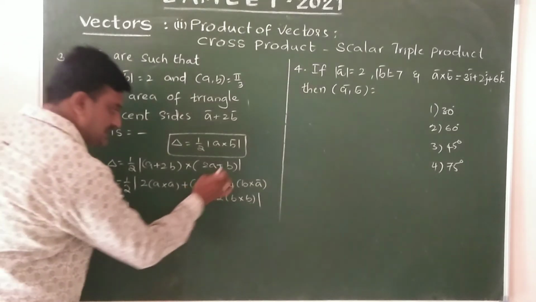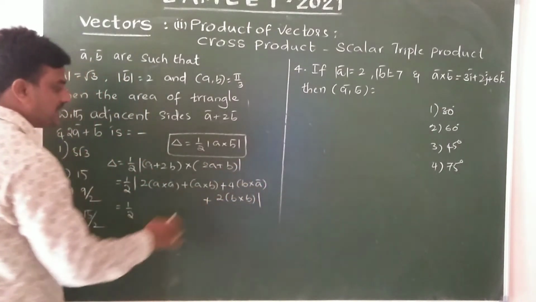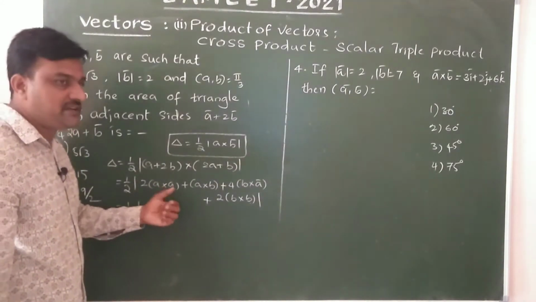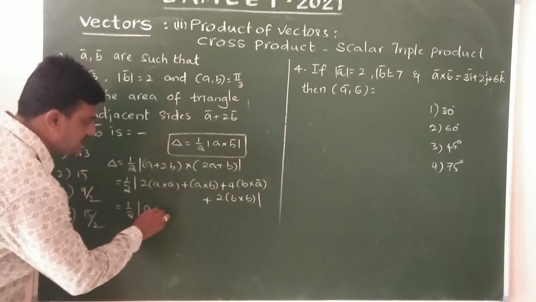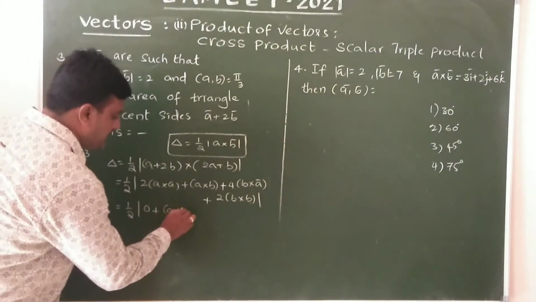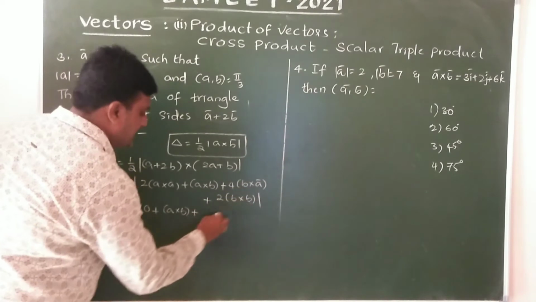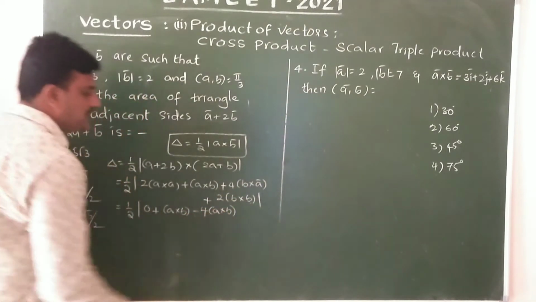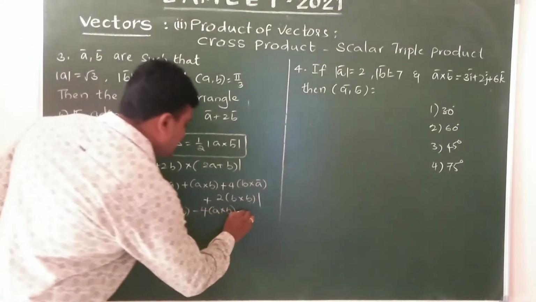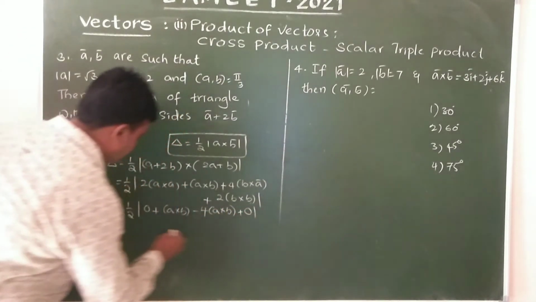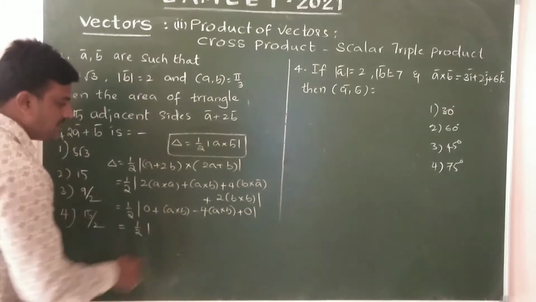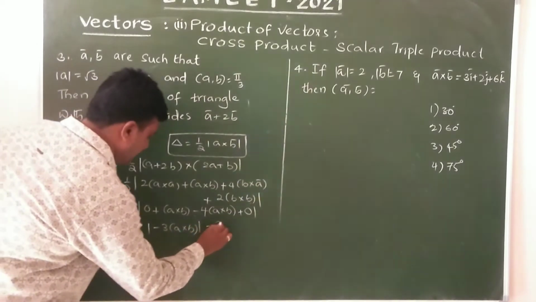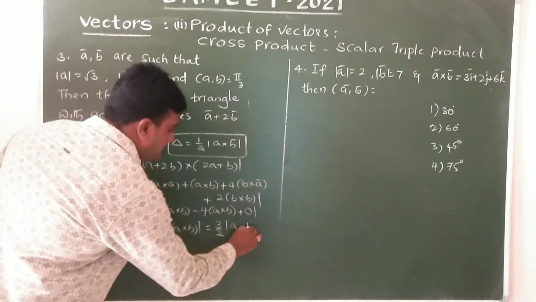The cross product of the same vector should be 0, so A × A is 0, so it is A × B, then 4 B × A means minus 4 A × B. Now the direction was changed. Plus 0, then that equals half. Now it is nothing but minus 3 A × B, can also be written as 3/2 A × B.